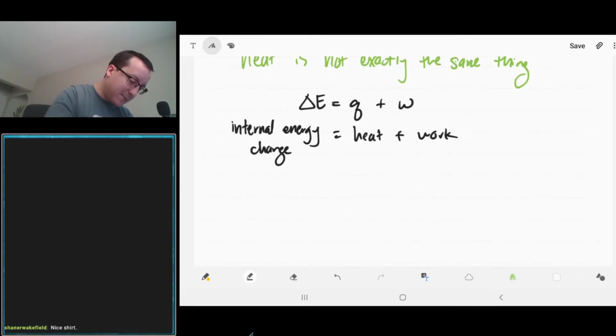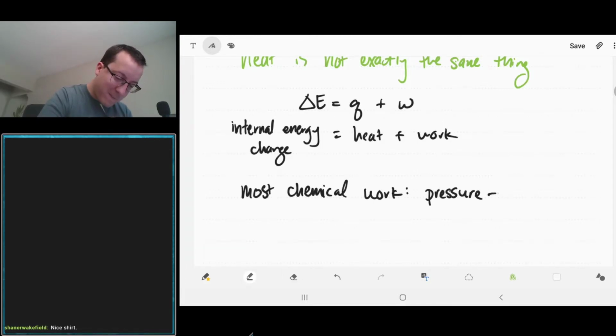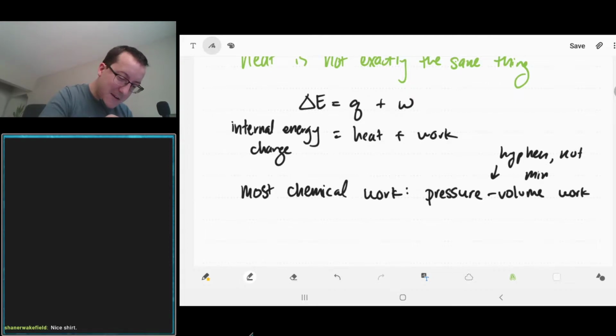So we have a few more things to talk about here. We have a special kind of work. Most of the work in chemistry is going to be of this type, and that's called pressure-volume work. That's a hyphen, by the way, not a minus. So it's not pressure minus volume.